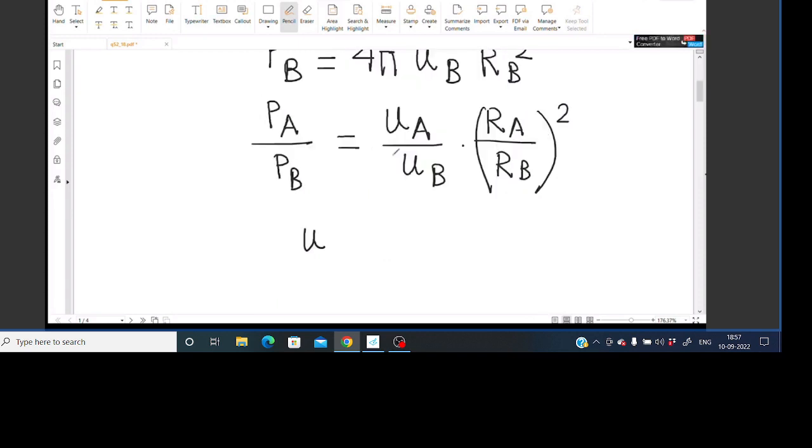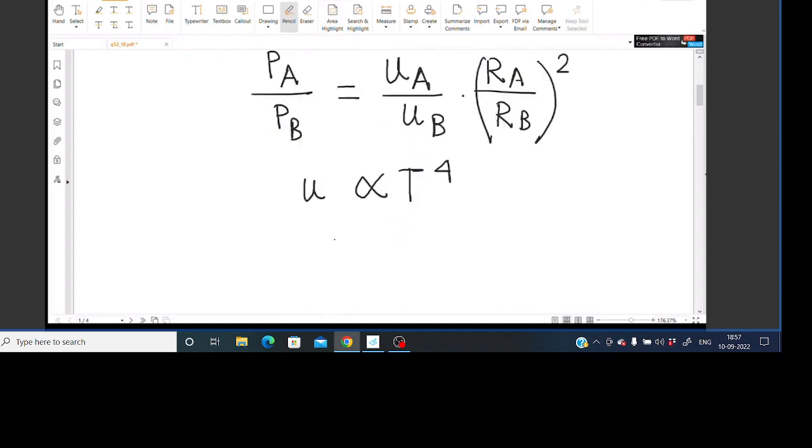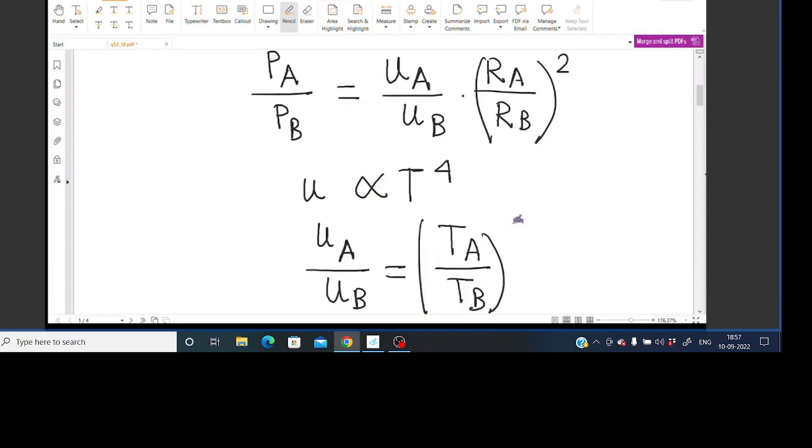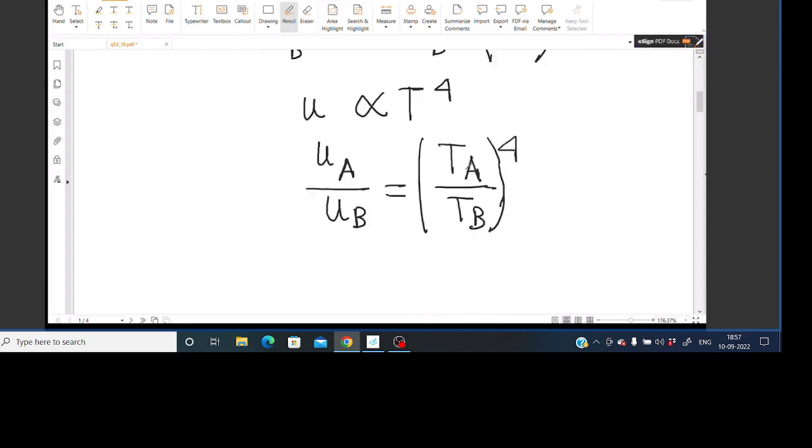Here, the rate of heat radiated per unit area U is proportional to T to the power 4. So UA by UB equal to TA by TB whole to the power 4, where TA and TB are the temperatures of the sphere A and B respectively.